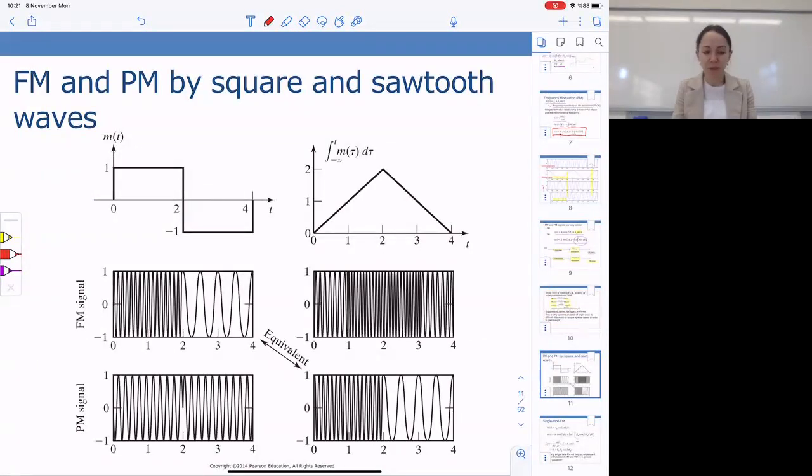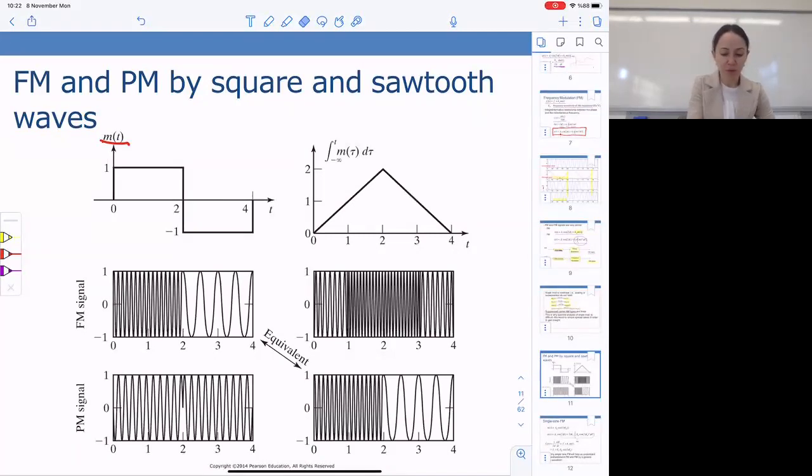So both FM and PM signals can be easily understood if we study square and sawtooth waves as modulating waveforms. So consider this example. m(t) is a square pulse. The square pulse is going to modulate the frequency of a sinusoid. How can we do that?